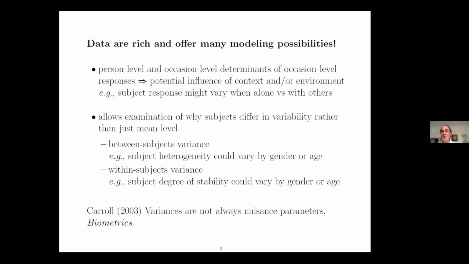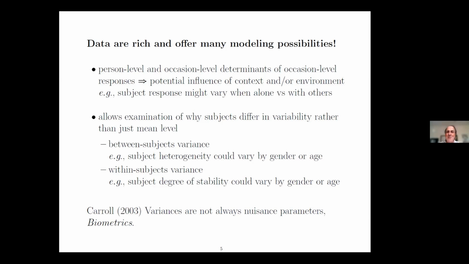We can also look at the within subject variance. We've got 30 or 40 measurements within a subject. We can characterize subjects in terms of how stable they are and how erratic they are. And in particular, this is really what got me into this area of modeling, because I was working with people who were working on smoking studies, smoking researchers, and they would tell me one reason that people say they smoke cigarettes is to stabilize their mood, for mood regulation.